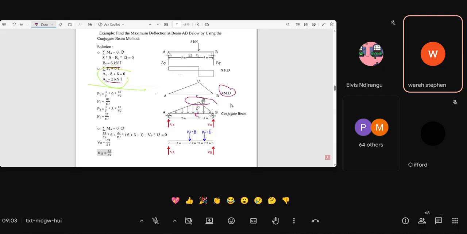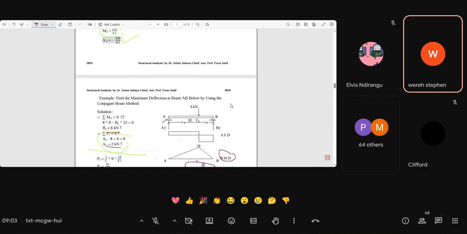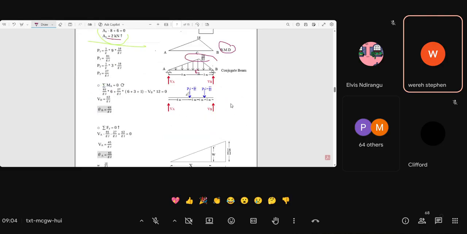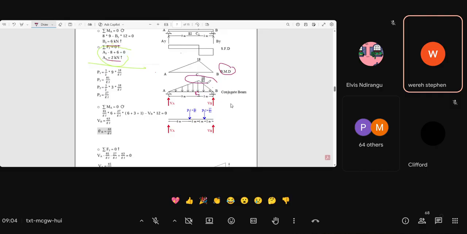AC is 9, so half times 9 times 18 over EI plus half times 3 times 18 over EI. That will be the total load. So you expect that VA plus VB is equal to this total load. The same way we were doing here, RA plus RB is equal to 8.